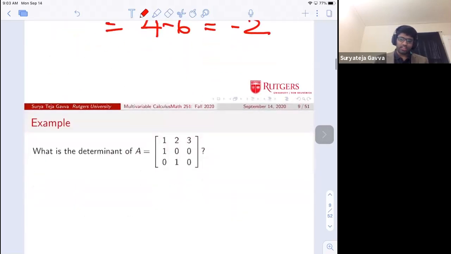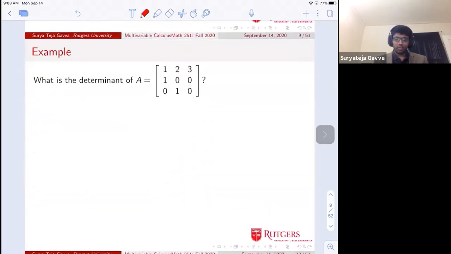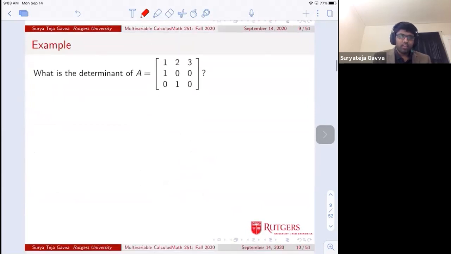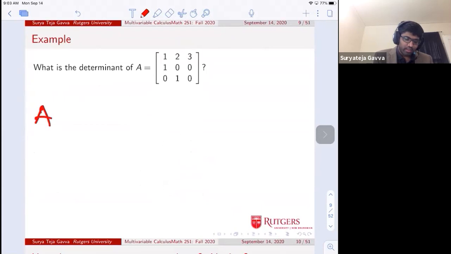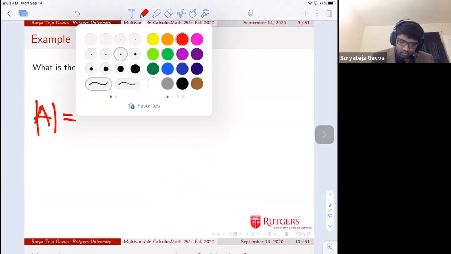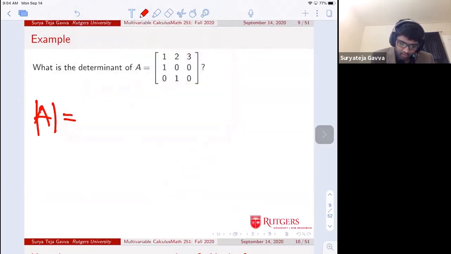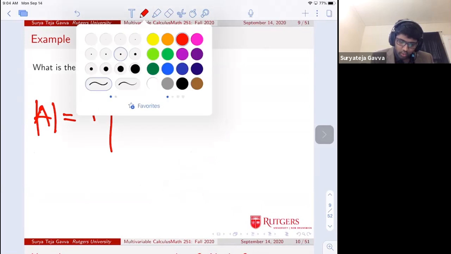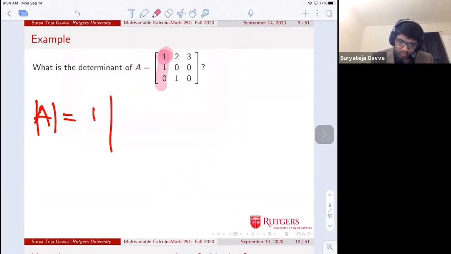Next, what is the determinant of the 3 by 3 matrix with rows 1, 2, 3; 1, 0, 0; 0, 1, 0? Let's compute it. You first take 1, times the determinant after you remove the row and column containing 1. So you remove this and this, and you're left with 0, 0, 1, 0.